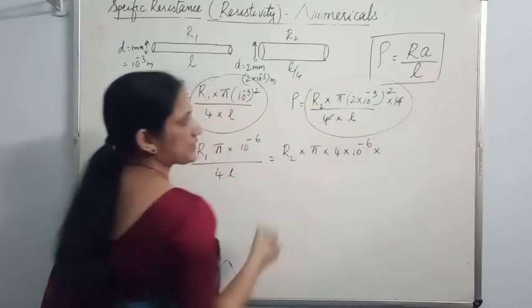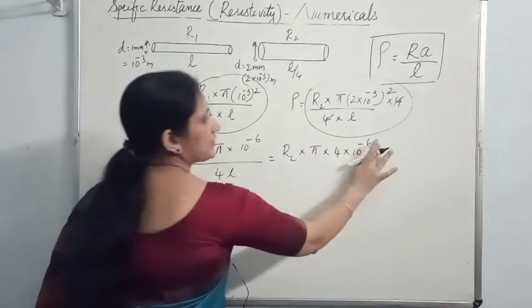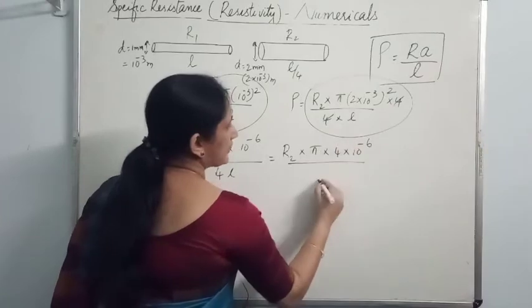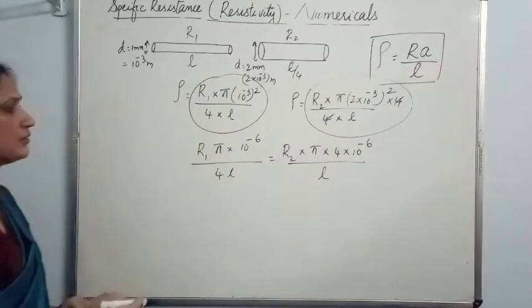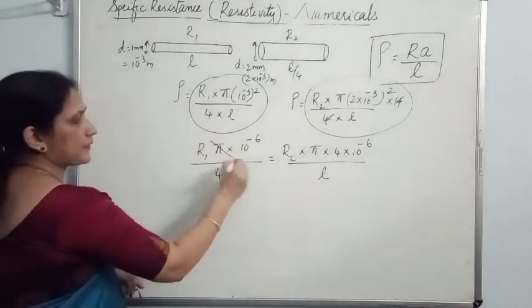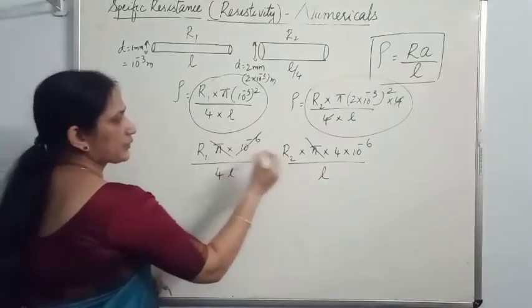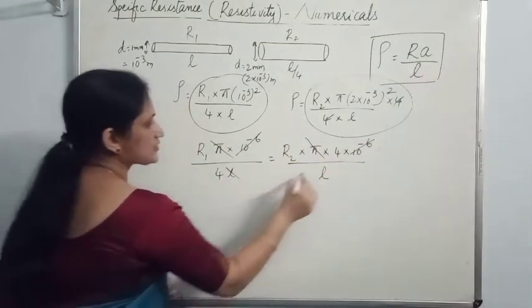These 4 can be cancelled, so leave it, upon L. Now similar terms you can cancel. Pi is common here, 10 to the power minus 6 common, L is also common.